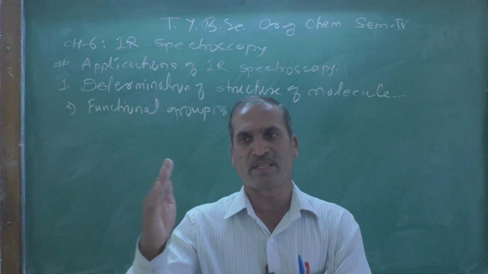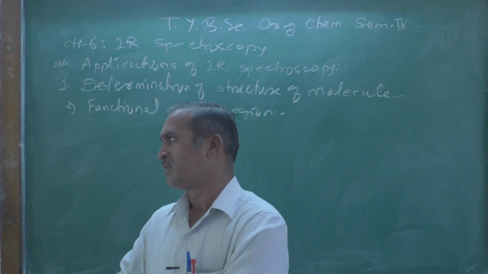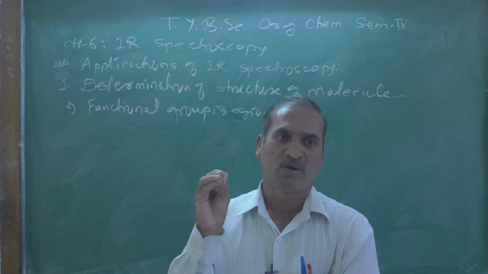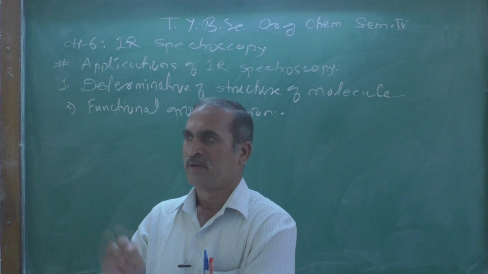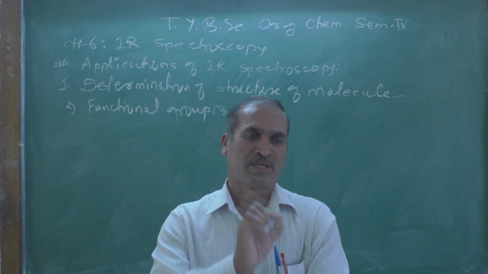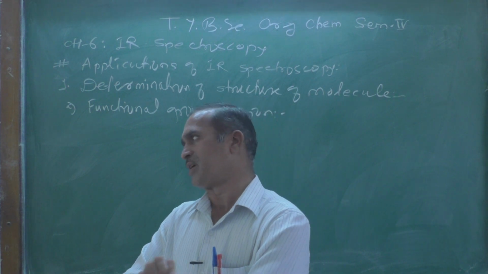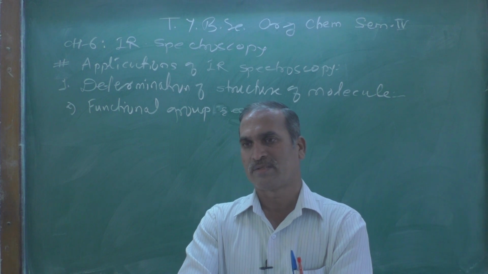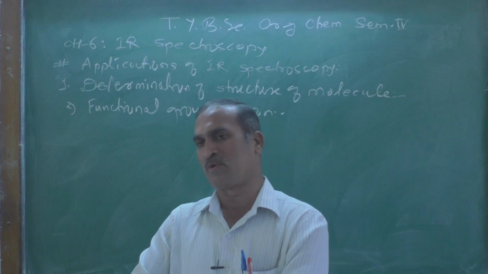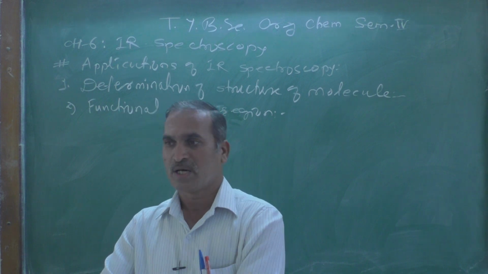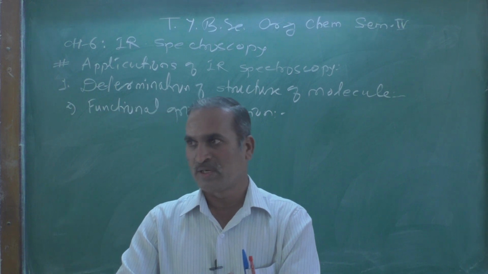If you observe the spectra of those molecules, you will observe a peak around 1715 per centimeter, which clearly indicates the presence of a carbonyl group in a particular unknown organic compound.